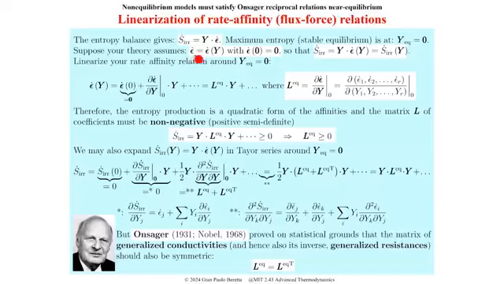Now, you linearize around equilibrium this postulated constitutive equation, which presumably should represent our rates. So we do the linear Taylor series, and we will stop at the first term that is non-zero.